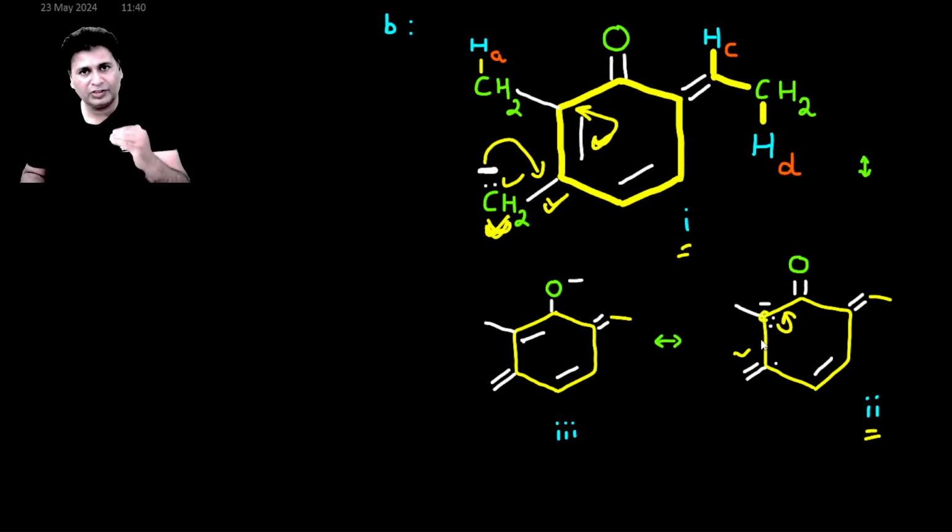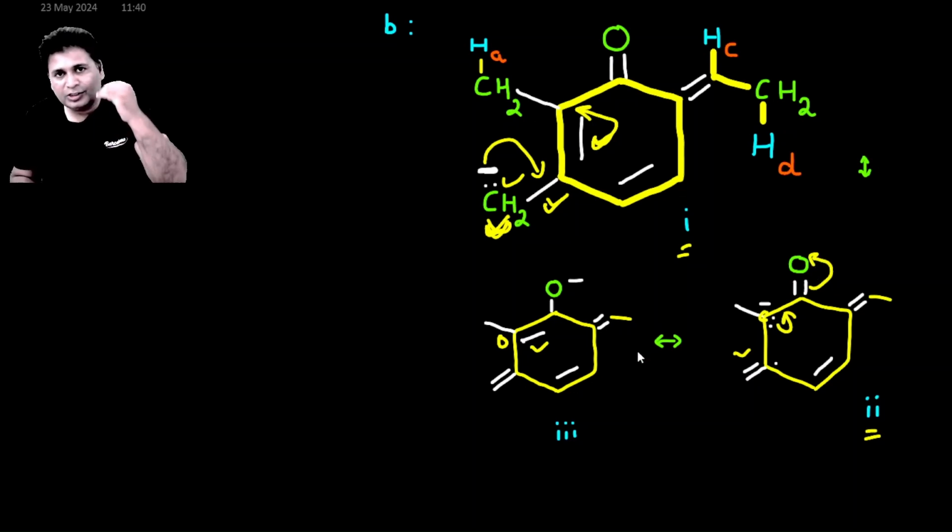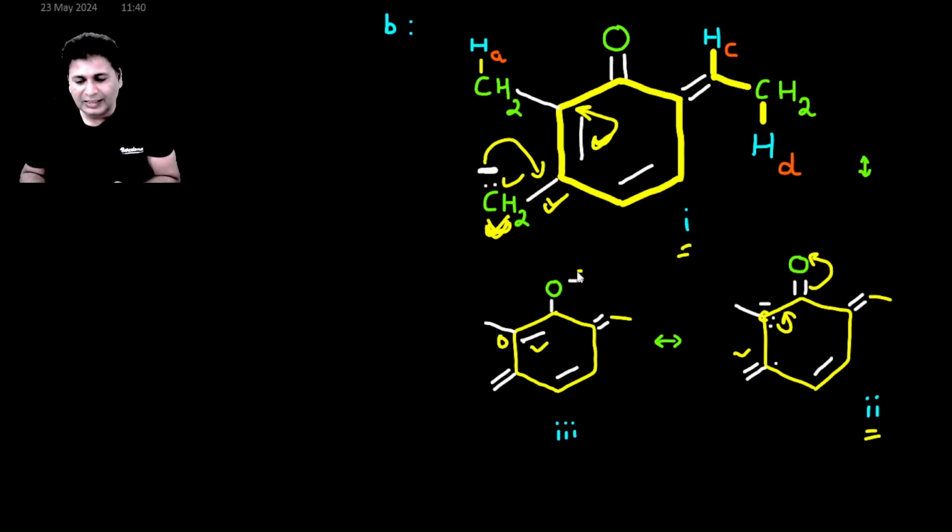It will get a positive charge. Earlier it had minus charge, plus and minus will become zero formal charge. Okay, and a new pi bond, yes, it has developed, and simultaneously these pi electrons will go to the oxygen, and as it shifts to oxygen, oxygen gets a negative formal charge.